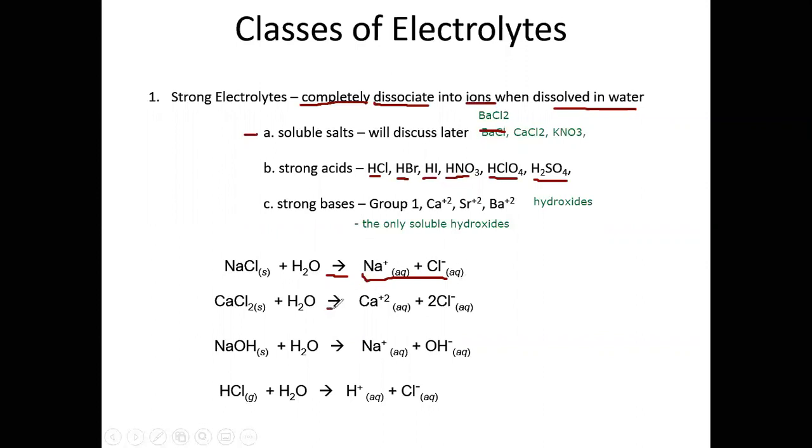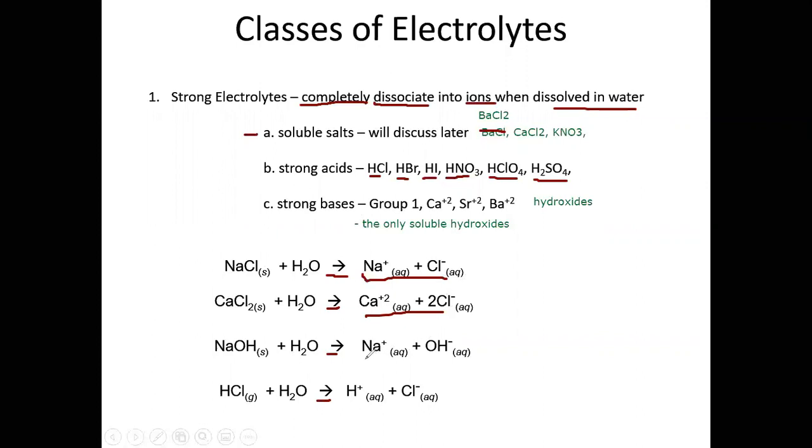So you'll notice in all of these, the reactant dissociates into ions. And again, the characteristics of a strong electrolyte solution is you have an arrow pointing toward the products and you have ions as products.